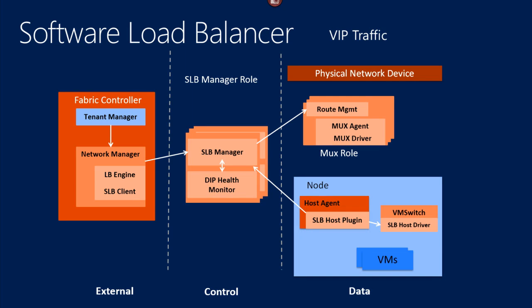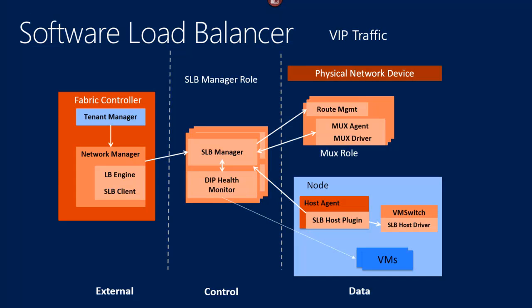The SLB manager also then talks to the MUX role. The manager is what's controlling the mappings of VIPs to DIPs. The MUX role is actually what the traffic is flowing through. And you can see there's a DIP health monitor in the SLB manager. The DIP health monitor is pinging your endpoints. So when you've got a load balanced endpoint, it's pinging it to see if it's alive or not.